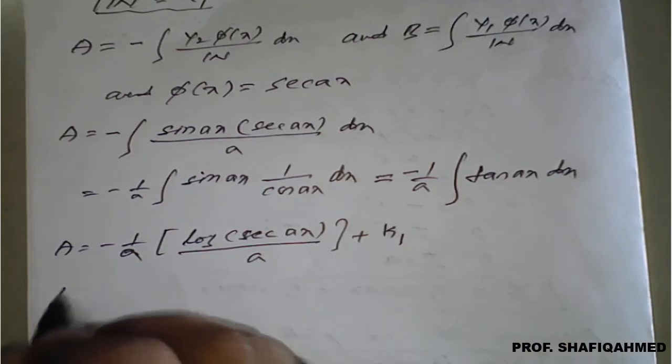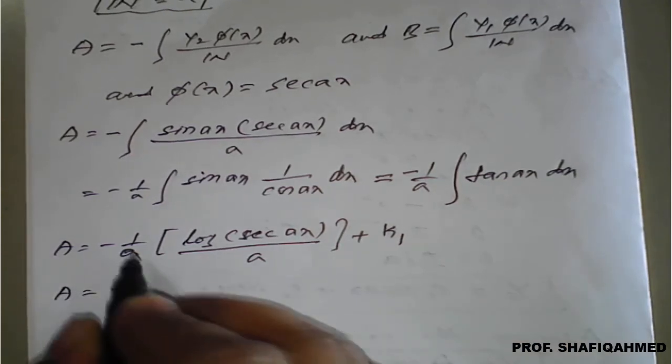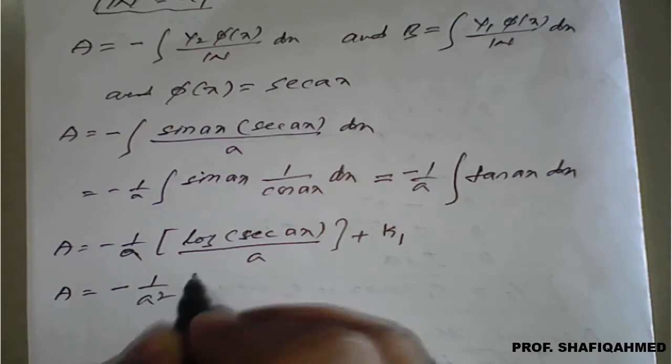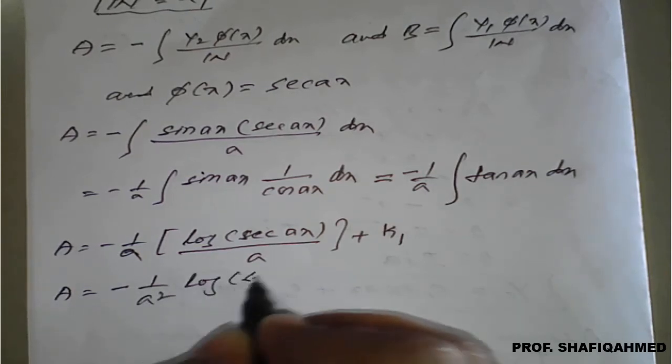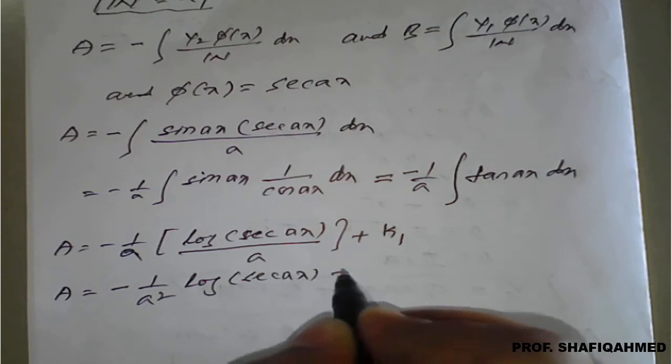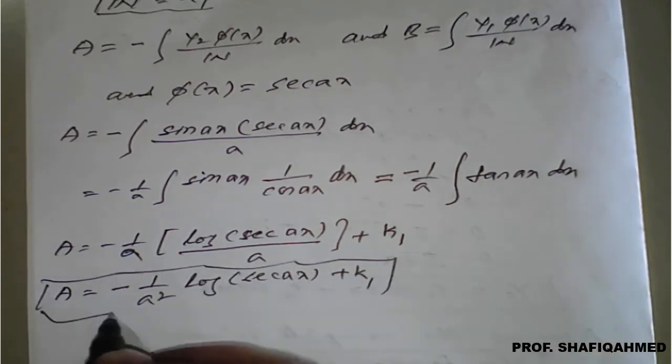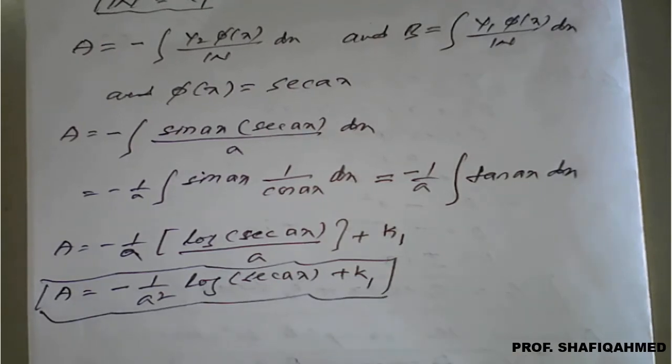Therefore A is equal to minus 1 upon a square log of secant ax plus k1. So this is the value of A.